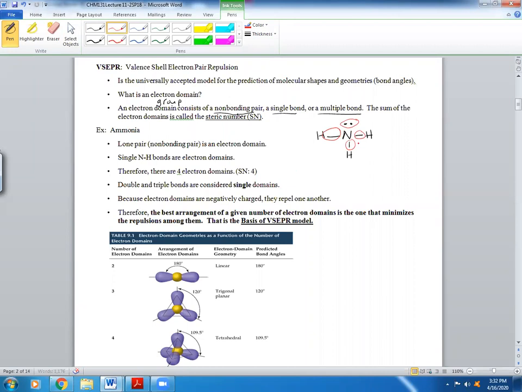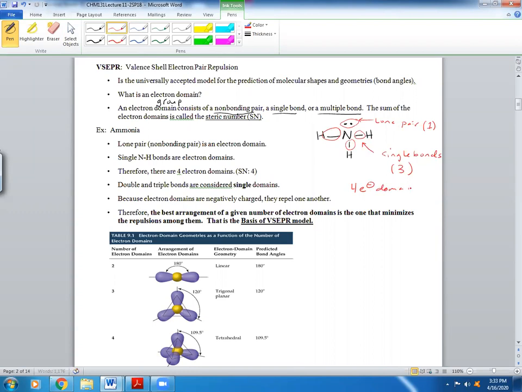How come? Well, this is a non-bonding pair. This is a lone pair. So that's one domain. And these are all single bonds. And you have 3 of them, and you have one lone pair. All in total you have 4 electron domains.